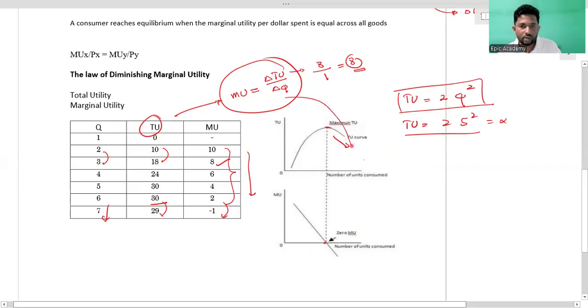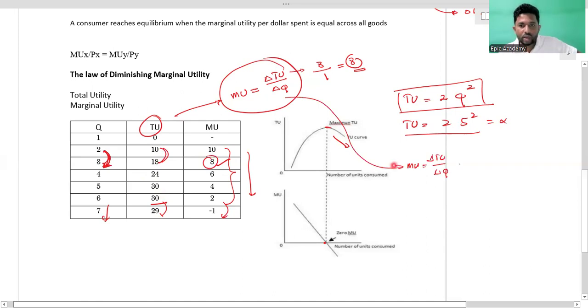You already know that MU equals delta TU divided by delta Q, the difference of the total utility divided by the difference of the quantity. When you consume additional units of the quantity, what happens to the total utility? That's the meaning of marginal utility, the additional total utility.